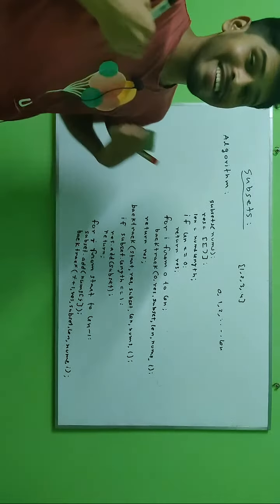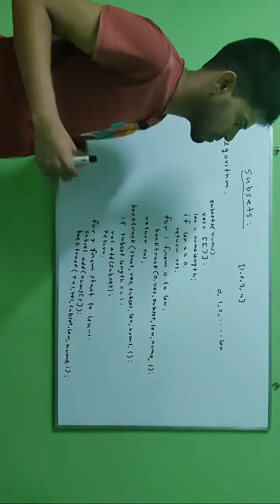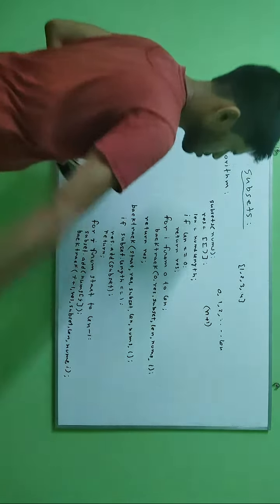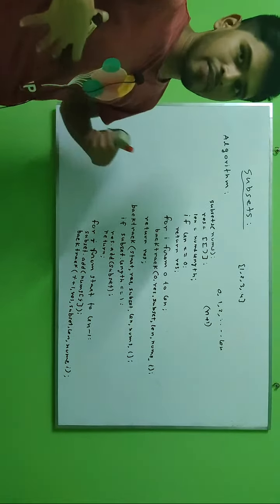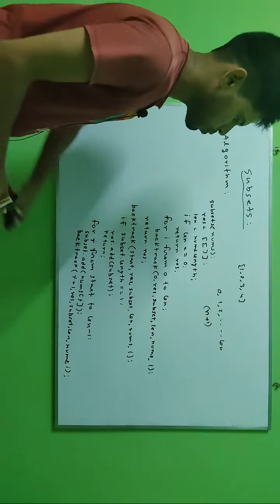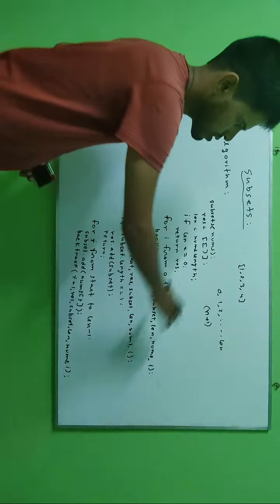We'll move to the next element and call this function n times, where n is the length of the given array. Actually we'll call the backtrack function n plus 1 times, and these backtrack functions will construct the subset or the power set for the given length.